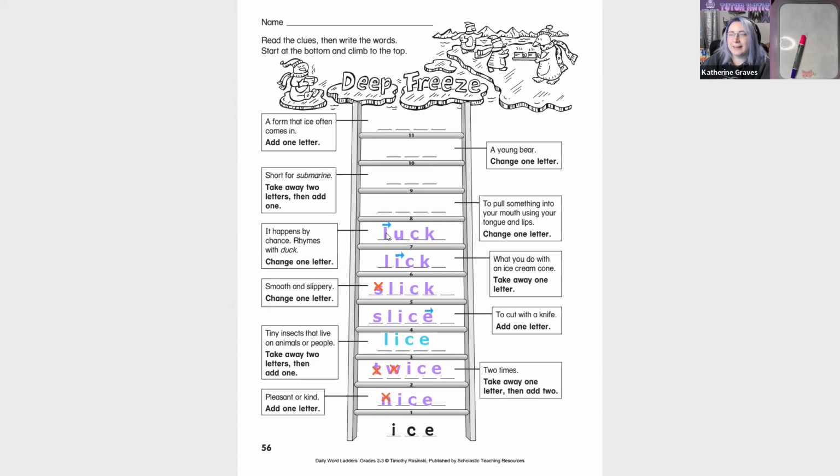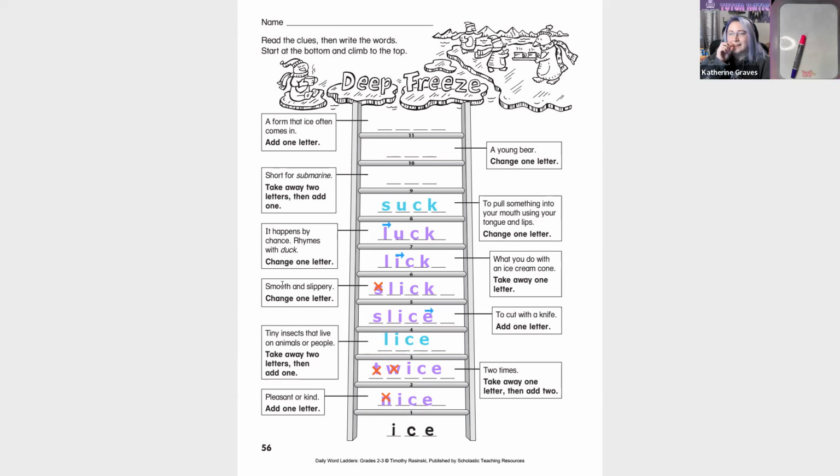So if I replace my L with an S, what do I have? Have the word suck.